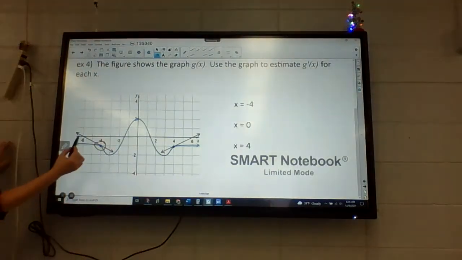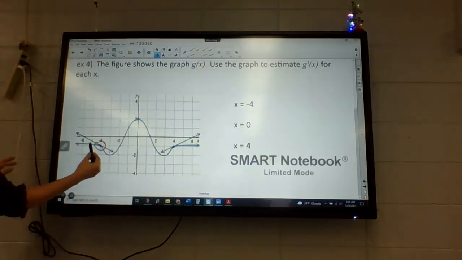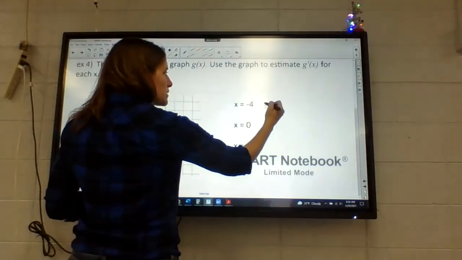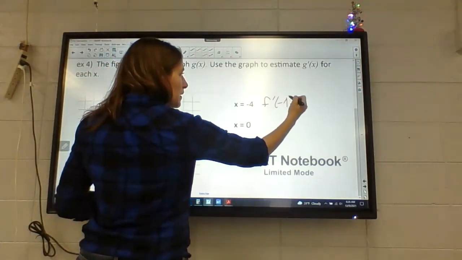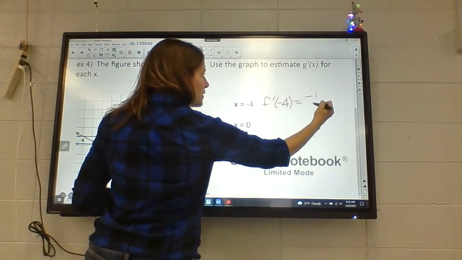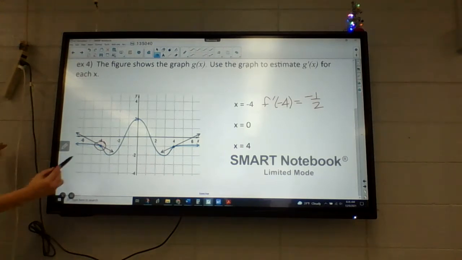So what's the slope at this point? -1/2, down 1/2. So the derivative at that spot would equal -1/2. How about when x is 0?